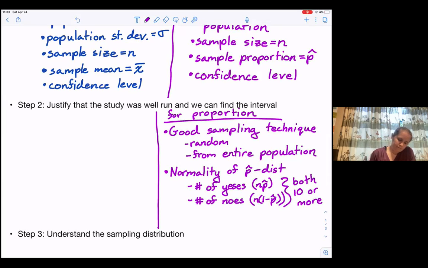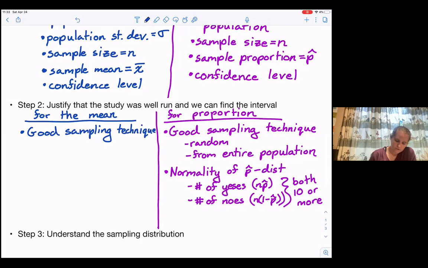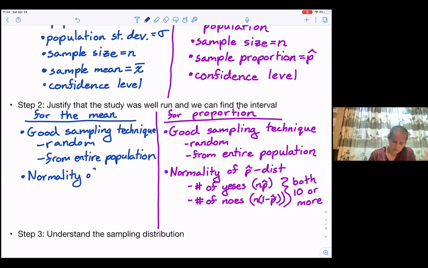For the mean, we once again need a good sampling technique. So we need it to be random and from the entire population. And then we needed the normality of the X bar distribution.